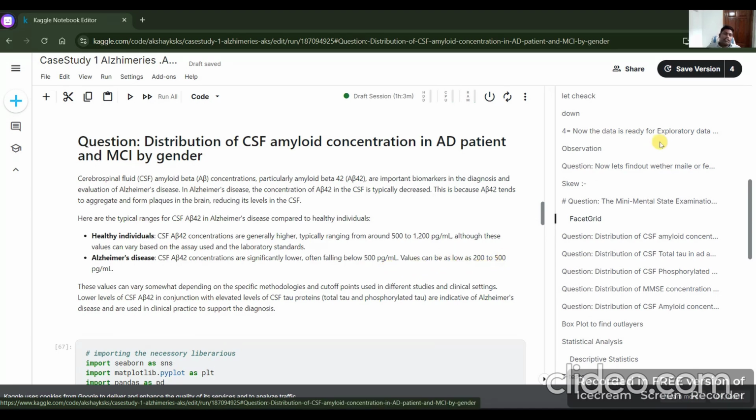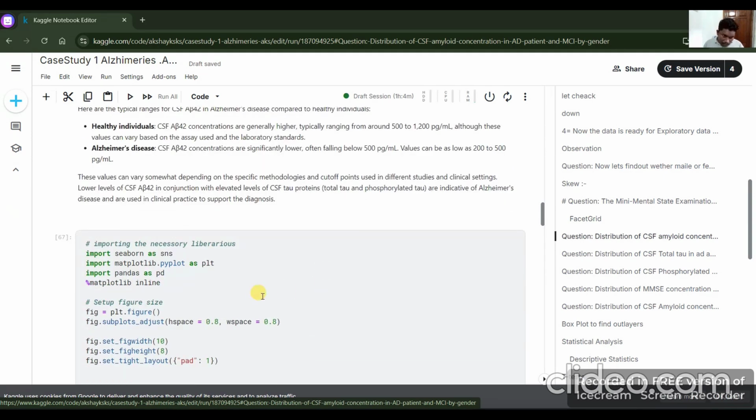Values between 200 to 500 pg/ml. This value can vary somewhat depending on the specific method and cutoff points used in different studies and clinical settings. Lower levels of CSF amyloid in conjunction with elevated levels of CSF tau proteins, total tau and phosphorylated tau, in individuals with Alzheimer's disease are used in clinical practice to support diagnosis.